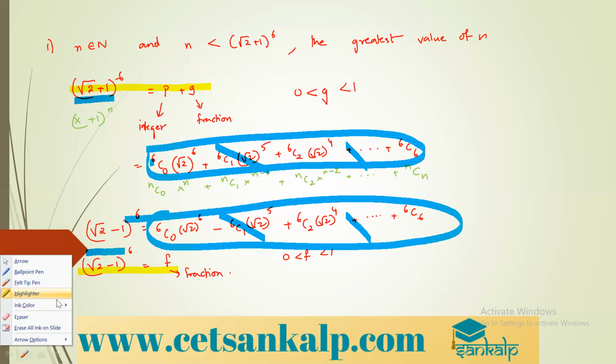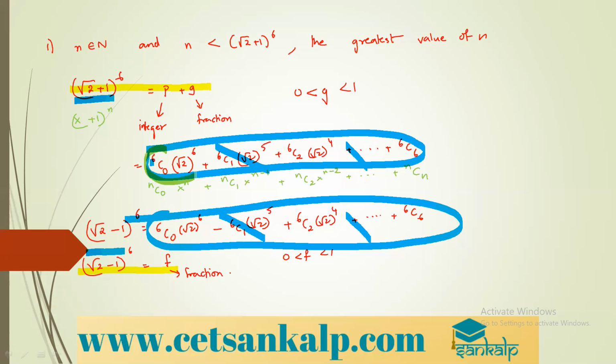What are those few terms which are left? The left over terms are 6C0 twice, 6C2 twice, 6C4 and 6C6. These all occur twice.